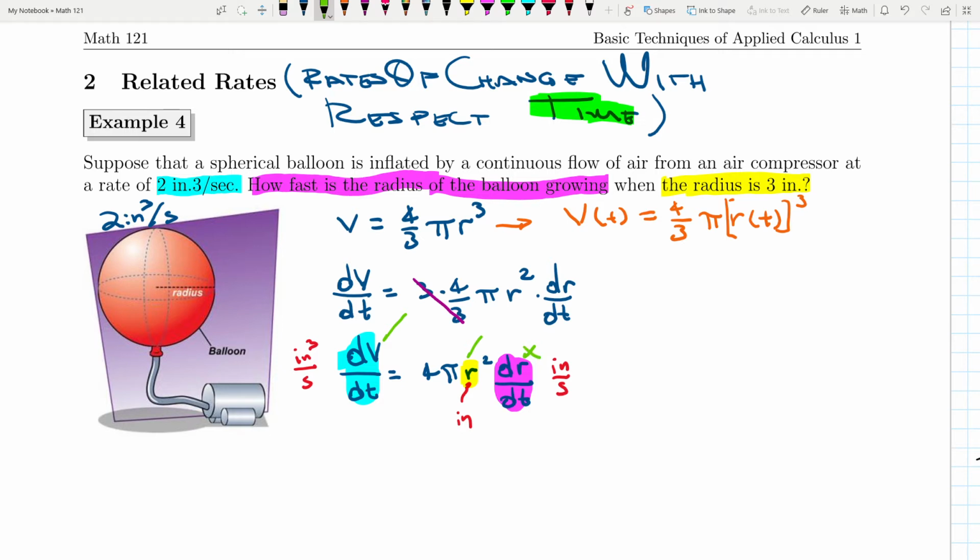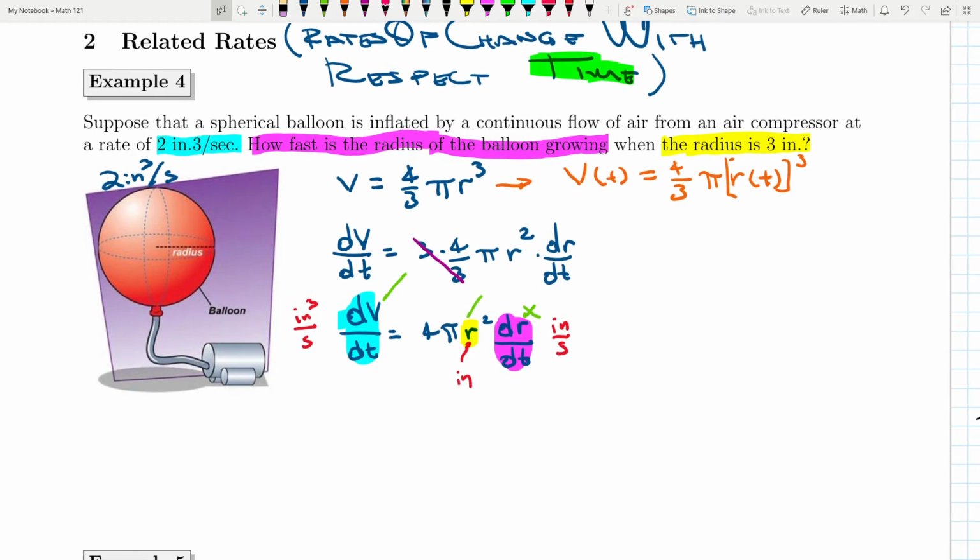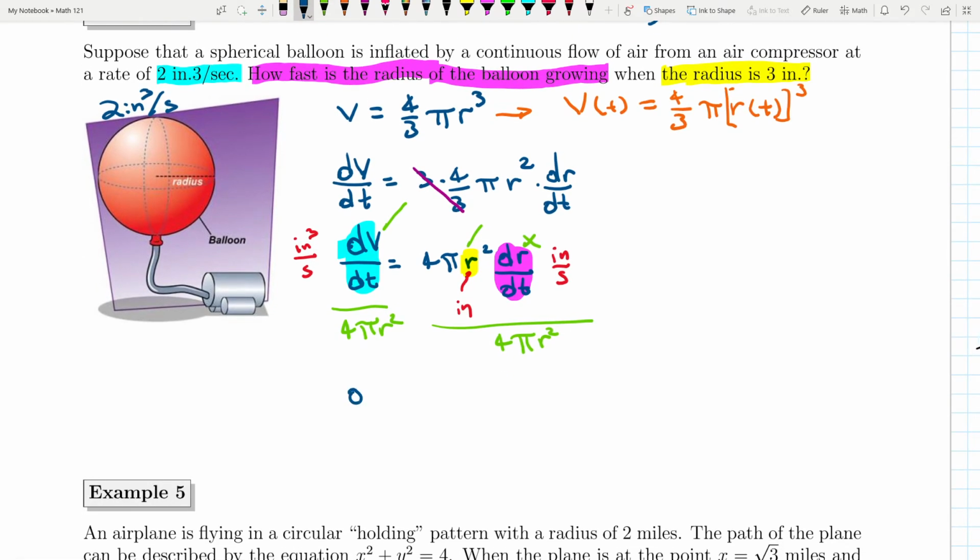So let's solve for dr/dt, and we do that by simply dividing both sides of this equation by 4 pi r squared. That leaves us with dr/dt, which is the rate of change of the radius with respect to time.